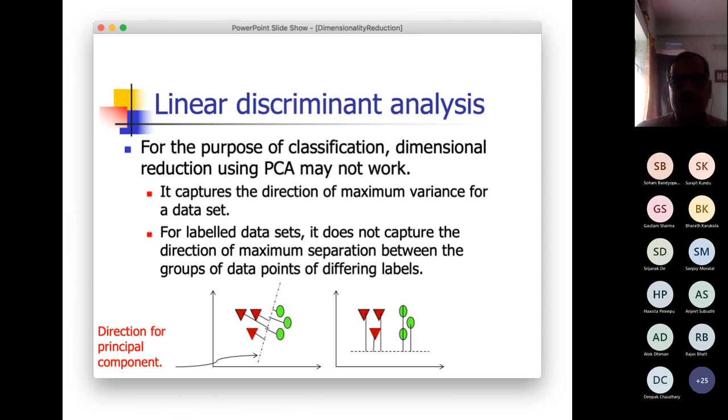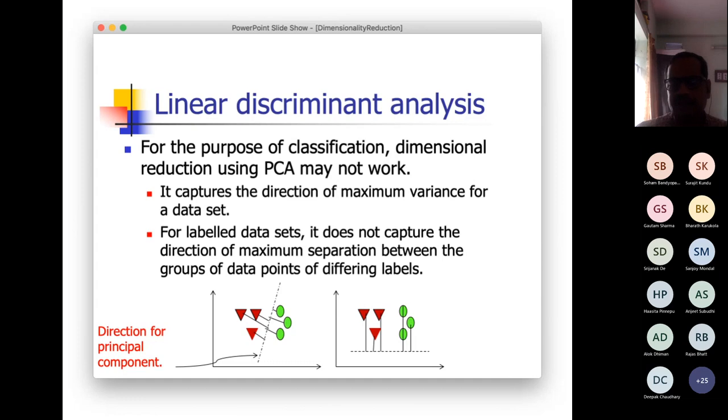But if I consider another direction, say a kind of horizontal axis, here we can see that projected data points are clearly separated into two regions. So they are very much separable.